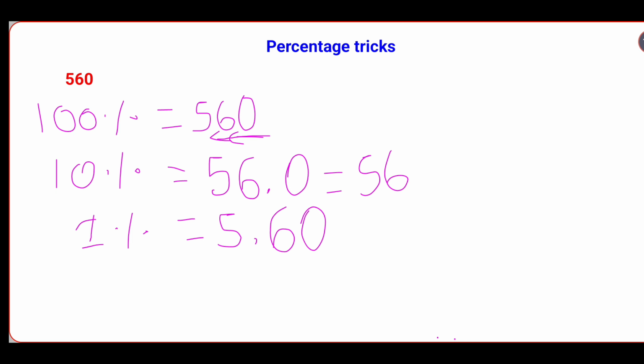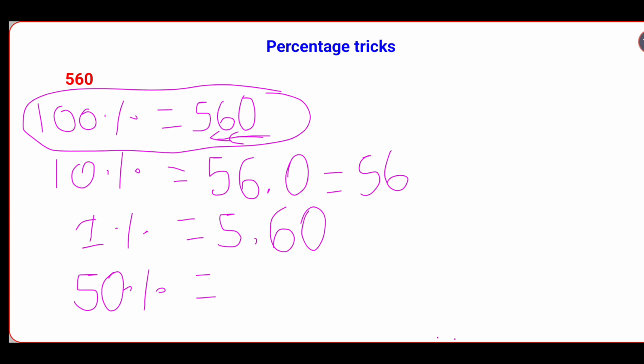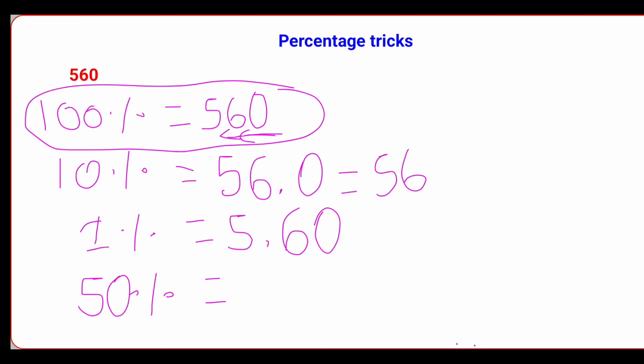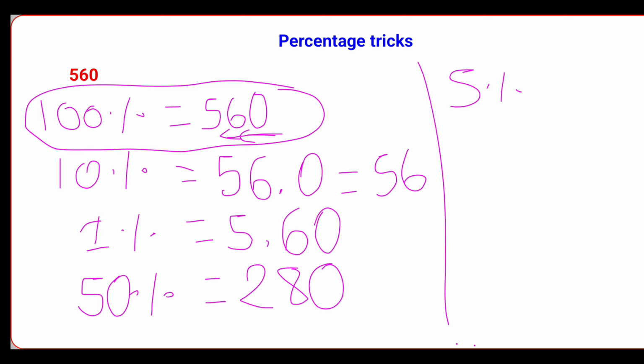Okay, like that. What is 50% of 560? Very simple, half of 100%, half of 560, that is 280. Like that. What is 5% of 560? Very simple, half of 10%, that is 28.